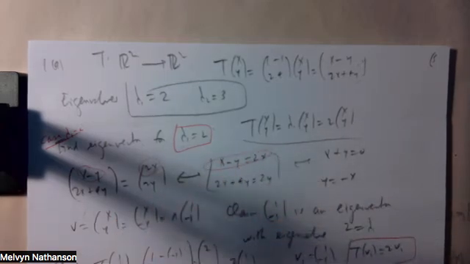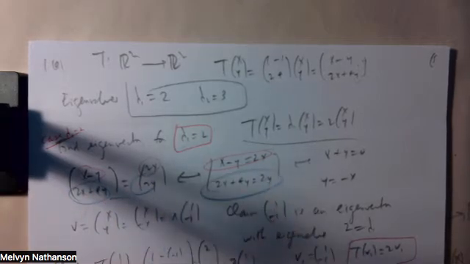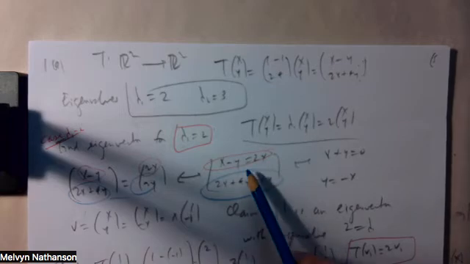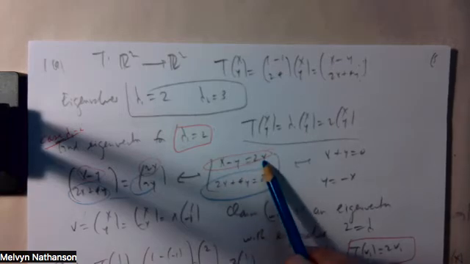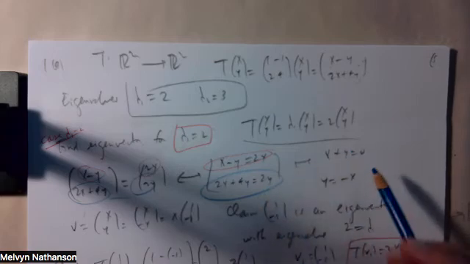And when you compare the second coordinates, you get this equation. This is the same. This equation, let's just rewrite it. This is x plus y equals 0, and so is this.